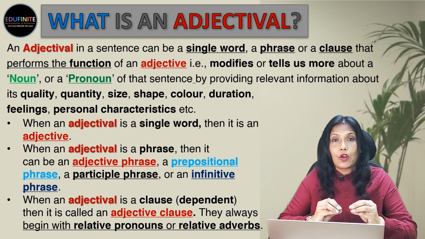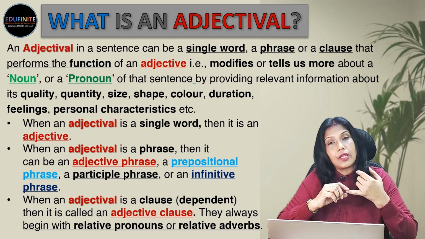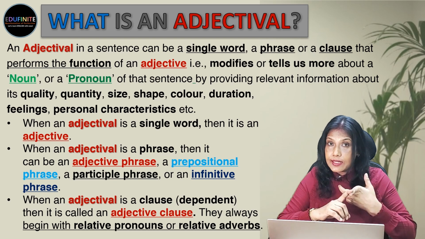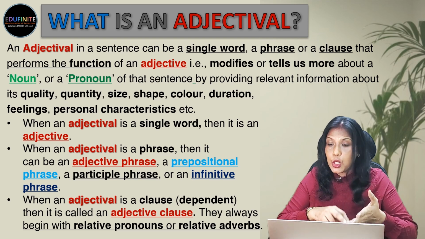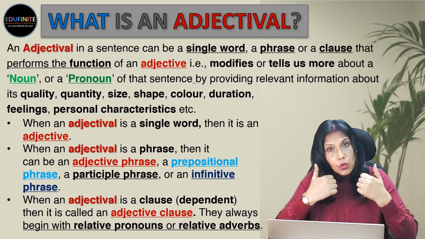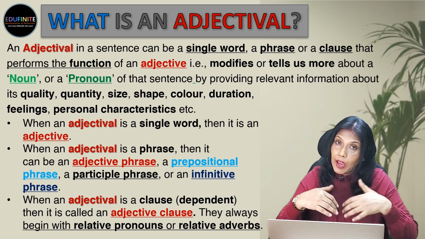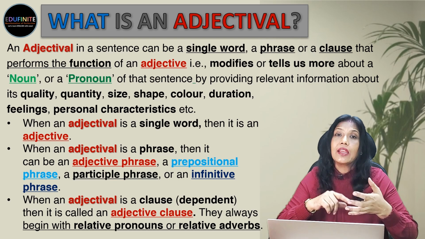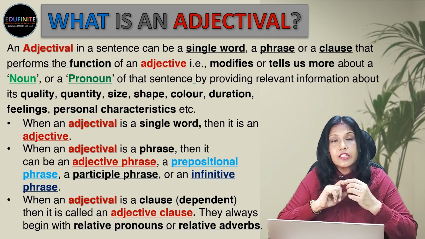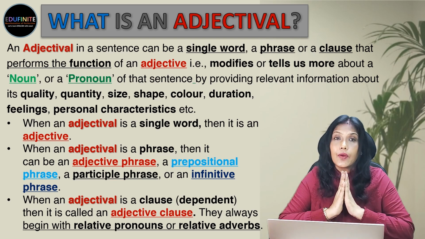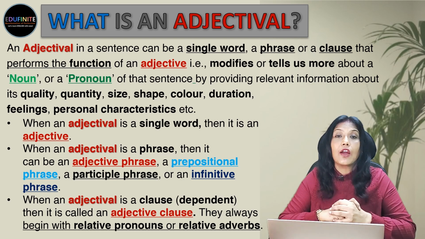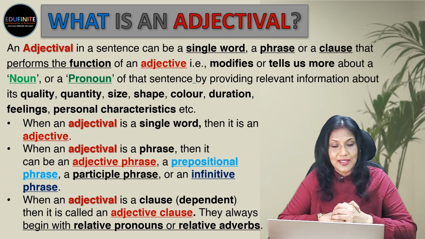Adjective clauses always begin with relative pronouns, that means words like that, which, who, whom, whose, or they may also begin with relative adverbs like when, where, why. Just because they begin with relative pronouns or relative adverbs, sometimes they are also called relative clauses.